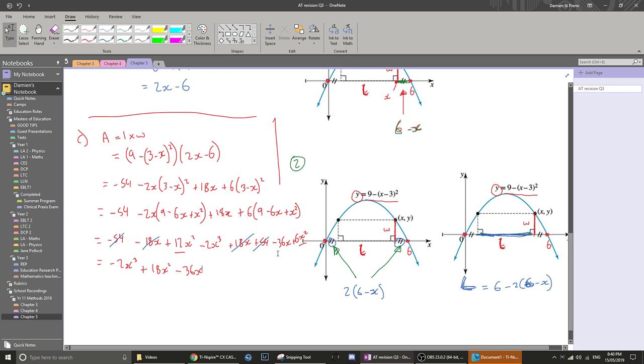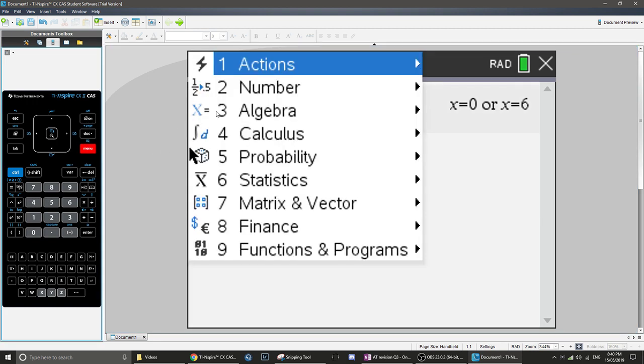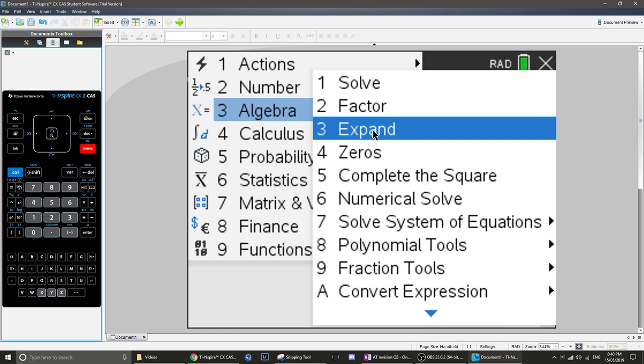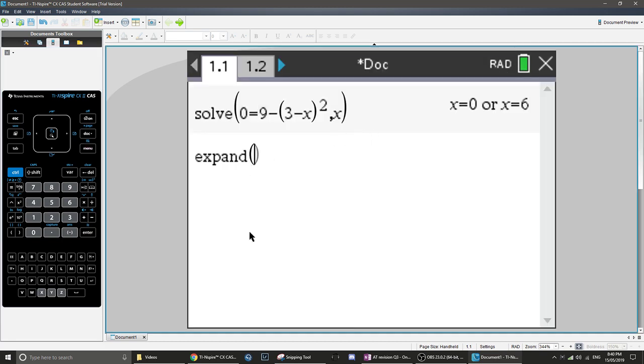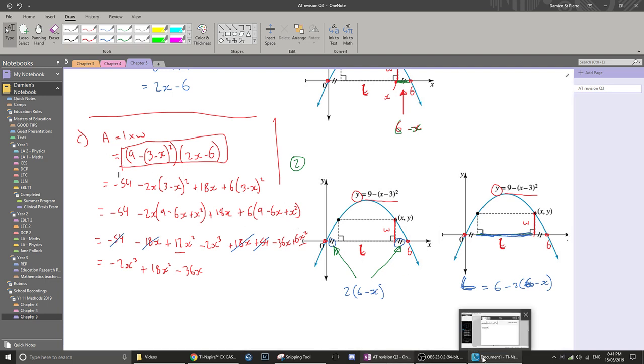There is a way to do that with CAS. This one, not using the solve, what we're going to do is menu, algebra. We're going to expand because we had a whole bunch of brackets in there. We're going to expand that whole expression. So you pretty much just type the whole thing in your calculator. We're going to expand that, and that'll hopefully give us the exact same answer.